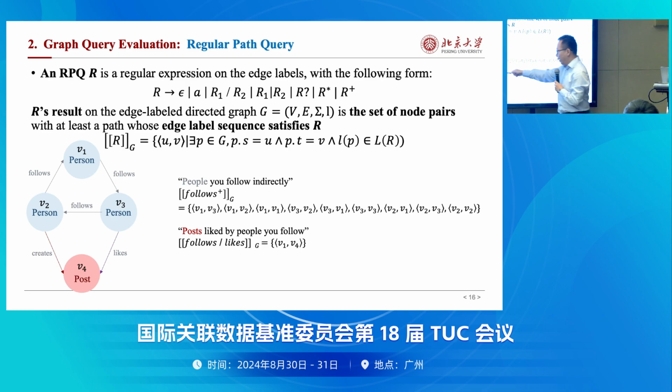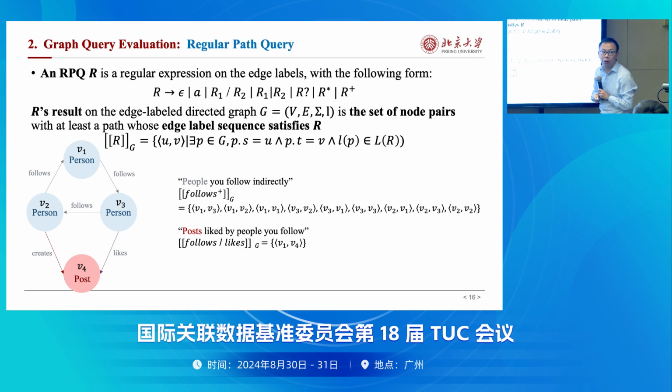We can also give another example, the person liked by people you follow. These are two examples of regular path queries.